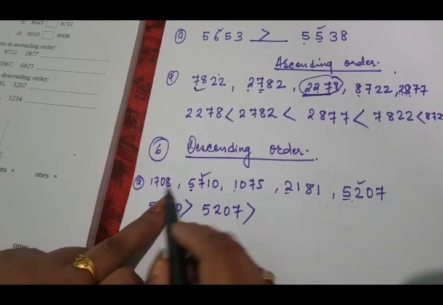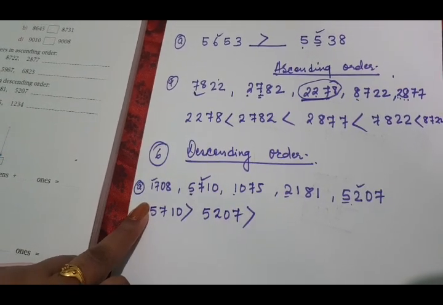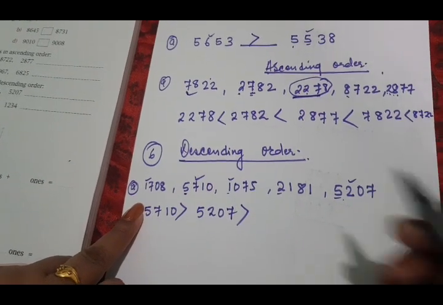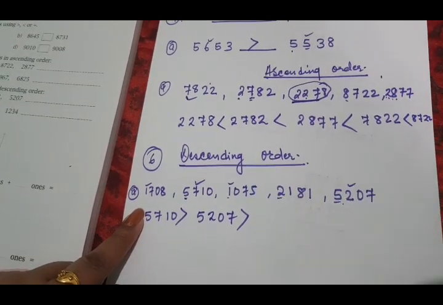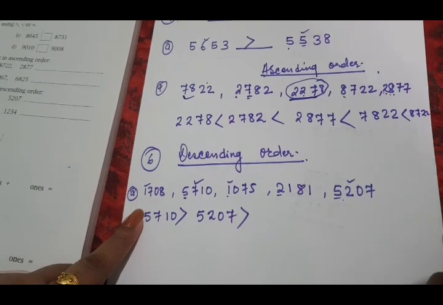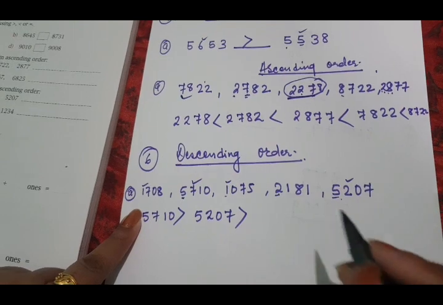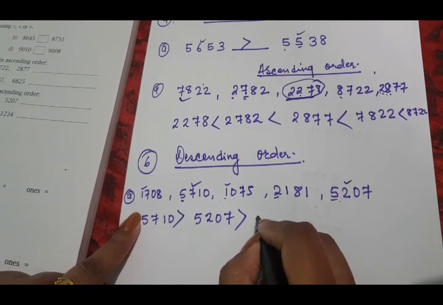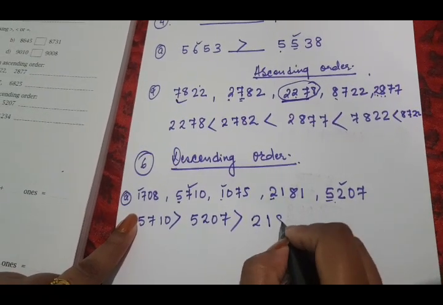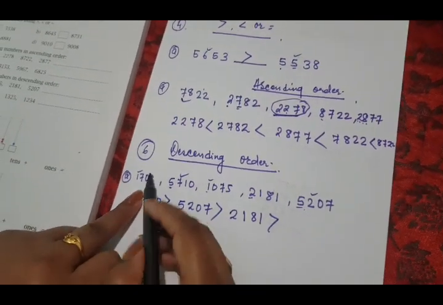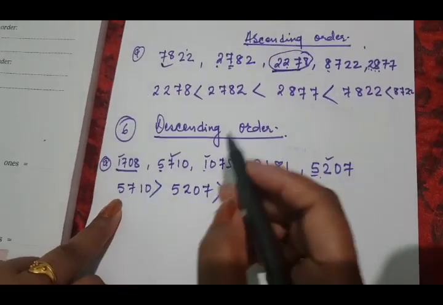Next, here you can see 1 as the first digit, here also 1, and in this group you can see 2. Among these 3 numbers, 2 is the bigger. So 2181. Now next is this group and this group.